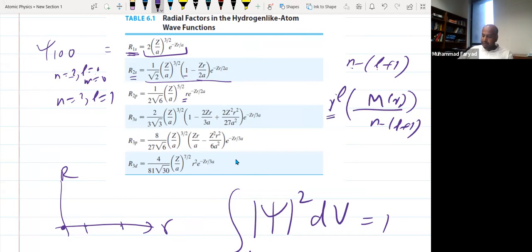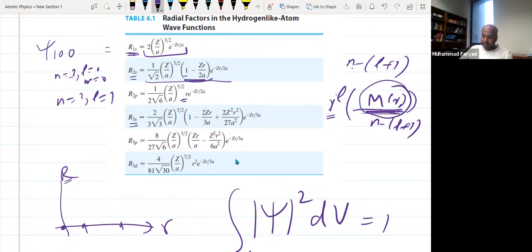To find the zeros that are not at the origin, we only need to worry about this polynomial. This is important because this radial distribution gives us the probability density distribution. So to work out where the probability is 0, we only need to think about the polynomial part, and we don't have to worry about the other part.